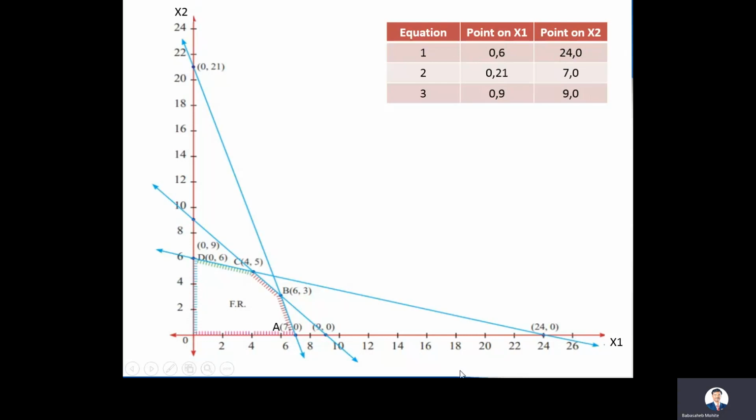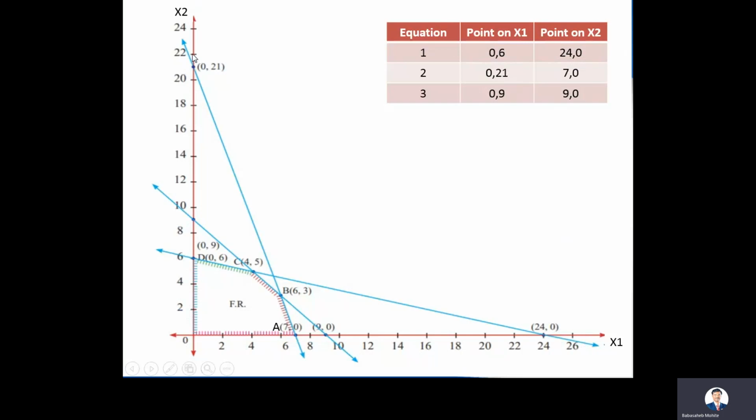Now just see this graph I have drawn, and I have given the units. To identify the units, what do I have to do? We have to check the first values, x1. Out of these, the maximum value is 24, so the graph should be more than 24 units. Likewise, for x2, we have to identify the upper limit, which is the maximum, 21. So my x2 axis should go beyond 21.